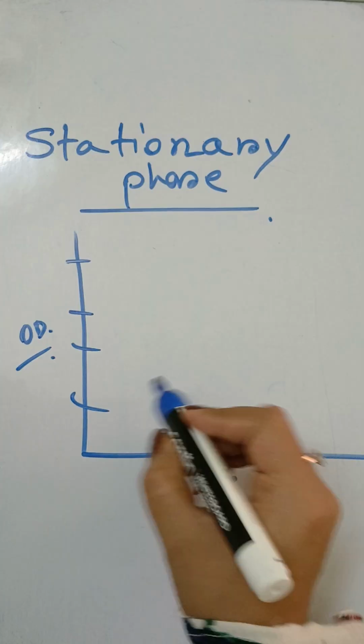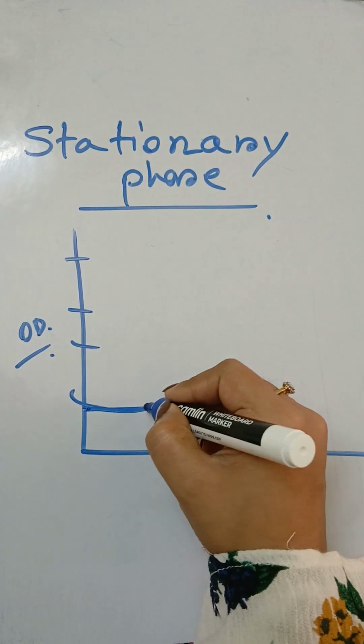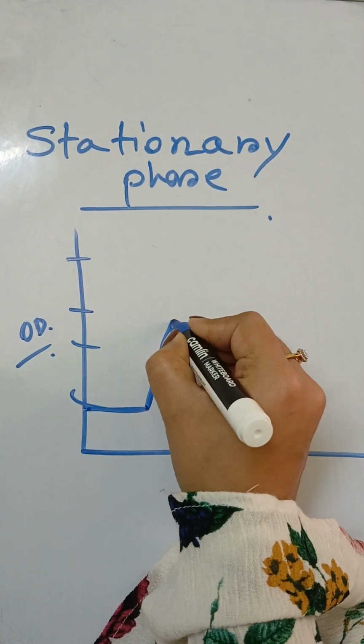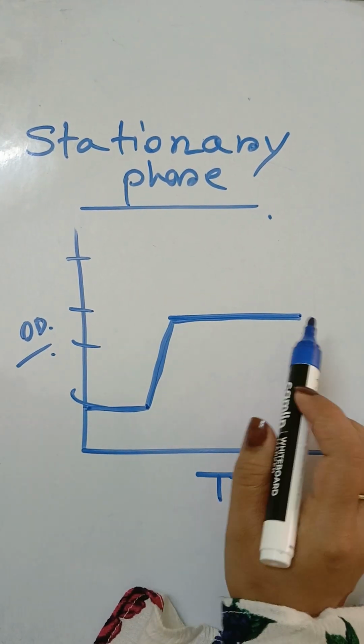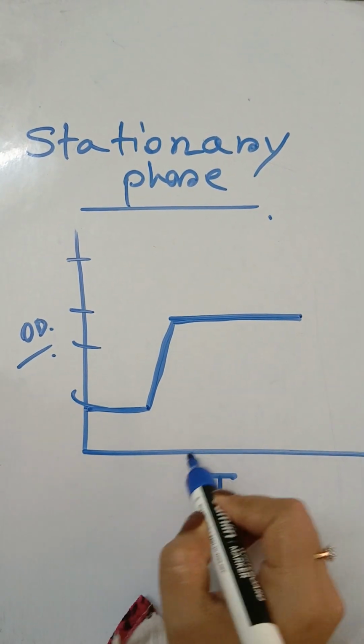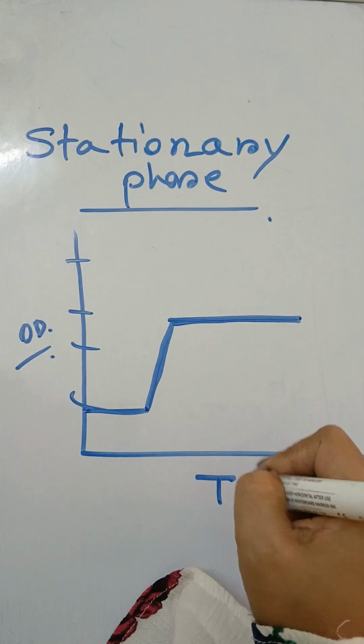Okay, this is lag, this is log, this is the stationary phase. This one, the phase which becomes horizontal to the x-axis.